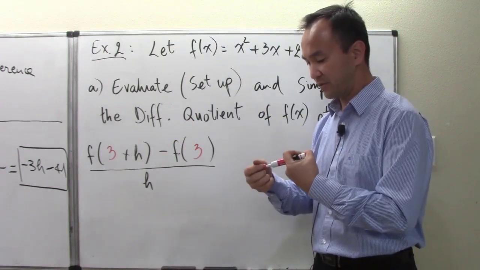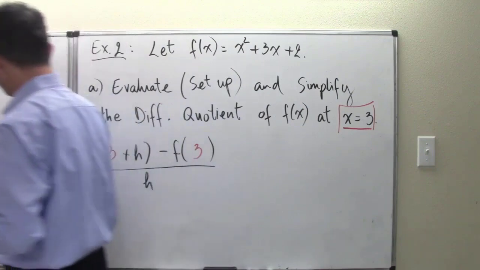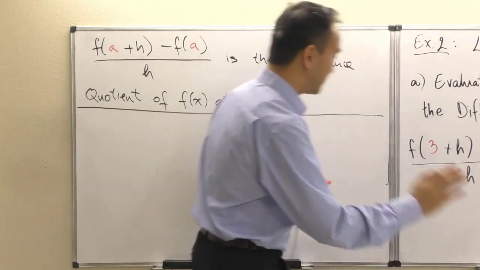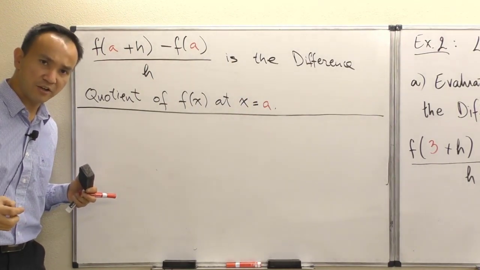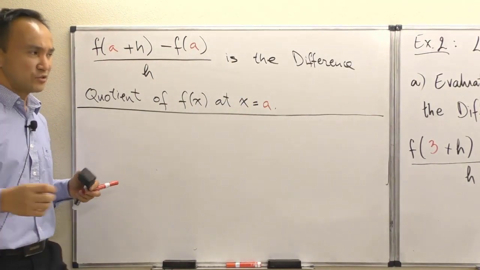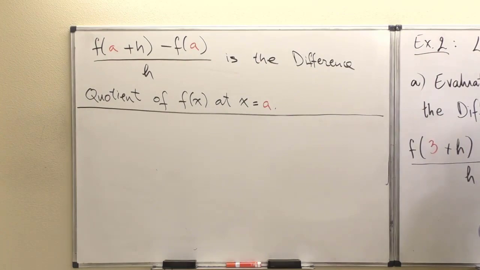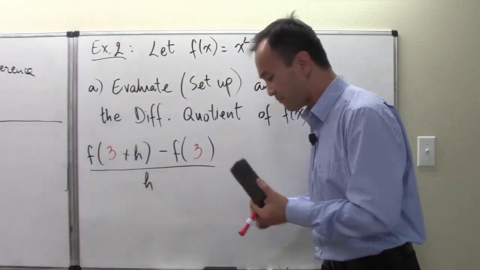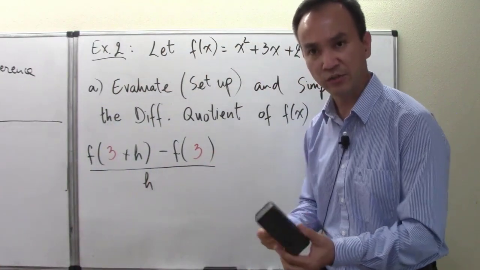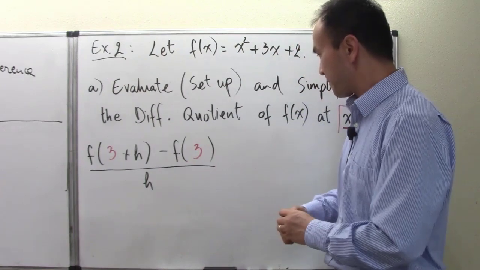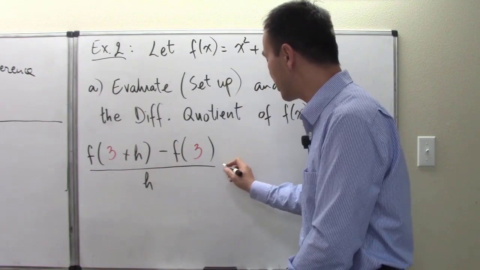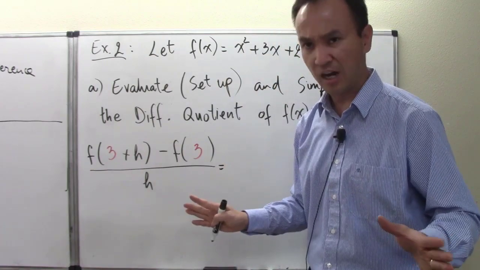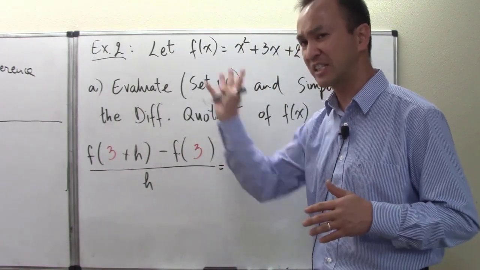That reflects directly the definition I still have on the board from earlier. From that setup, we can proceed into the evaluation work. Evaluating this function at 3 plus h, we have done this often enough, so let me skip the scratch work.